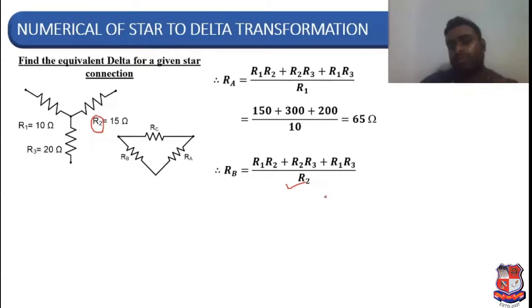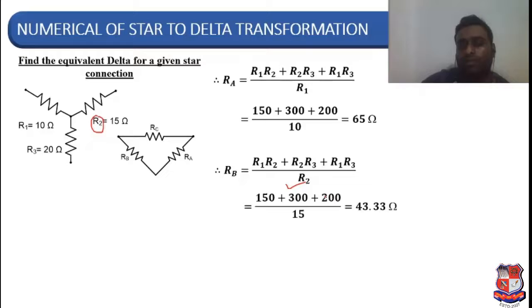Before this, pause the video and solve on your own and check the answer. So RB will be equal to 43.33. Here the numerator will remain the same, that is 650. The numerator will be the same in all three cases, but the denominator will keep changing.